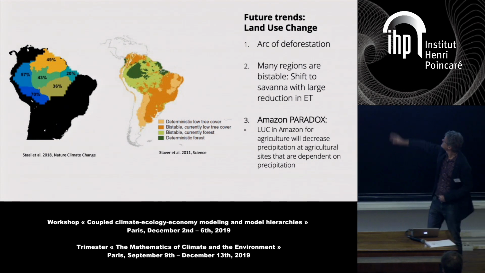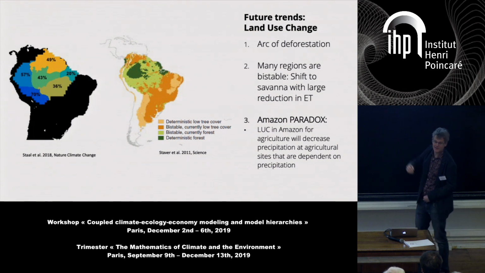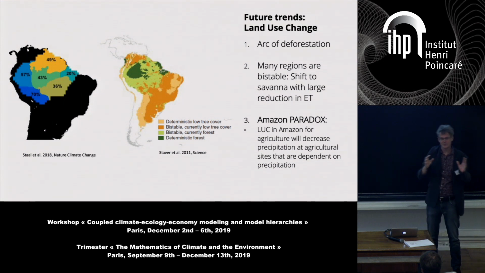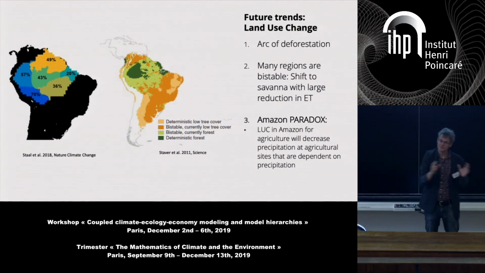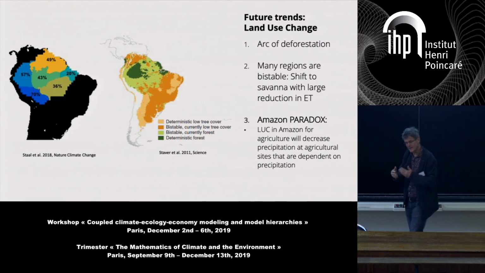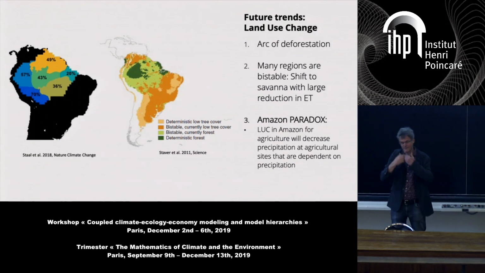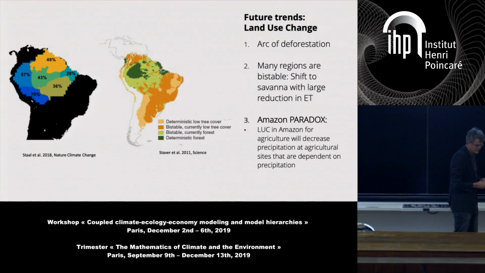If we then put our projections of this internal recycling on it, we can see that a big part of this bistable forest, which is currently forest, can easily shift to a savanna state. At least, that's what we think. Meaning that small land use changes can have larger impacts because it has a remote consequence on your moisture recycling, etc. So that can potentially shift it to another system.